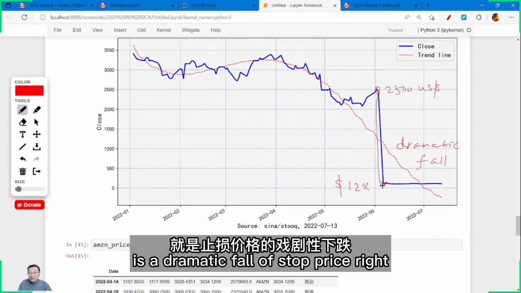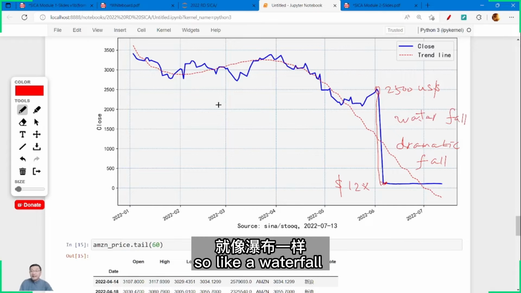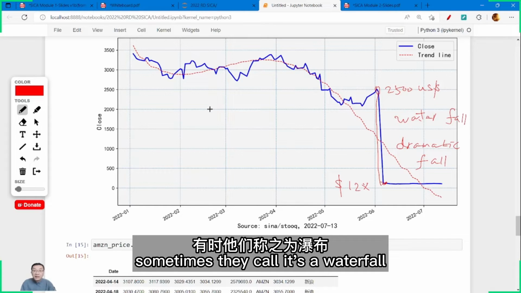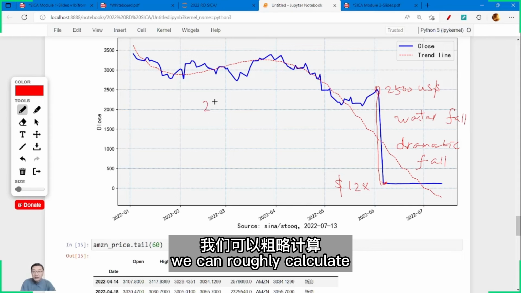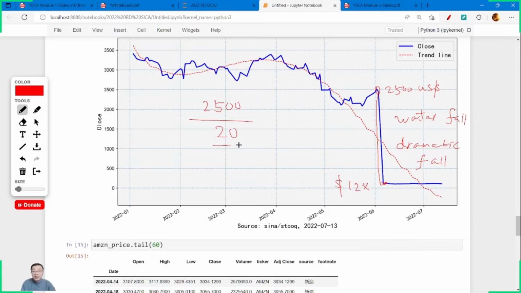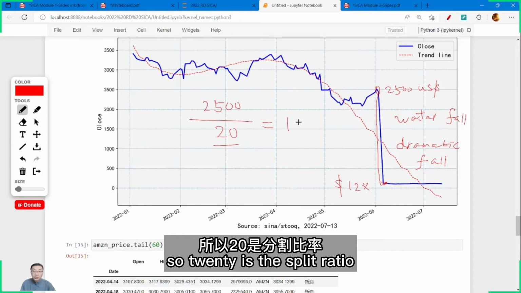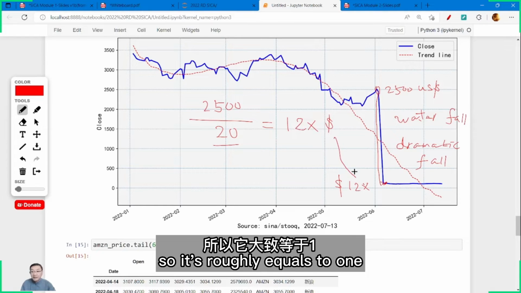Okay. So like a waterfall. Sometimes they call it a waterfall. And by theory, we can roughly calculate the stock price after the stock split in this way. 2,500 divided by 20. So 20 is the split ratio. So it's roughly equal to 120 something US dollars, right? It's very close to the actual one.